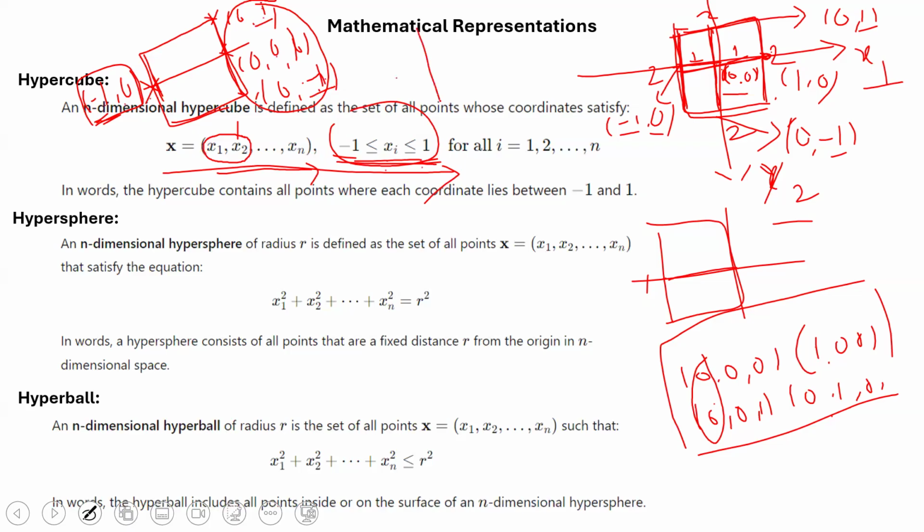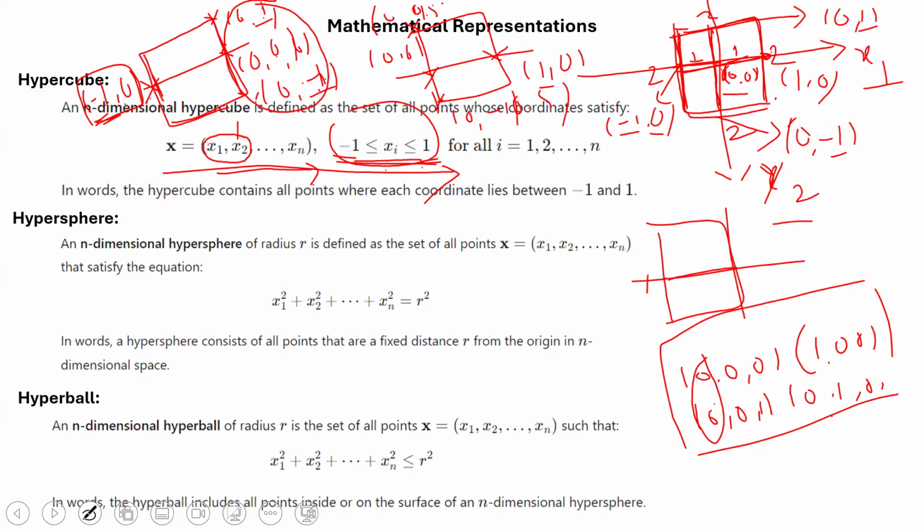Even if you take the x-axis tilting towards this, then what does this become? This becomes 0, comma 0, and this becomes 1, comma 0, and this becomes 0, comma 1, and this becomes 0, comma minus 1. I think we are putting it in a wrong way. This becomes 0.5, minus 0.5, right?